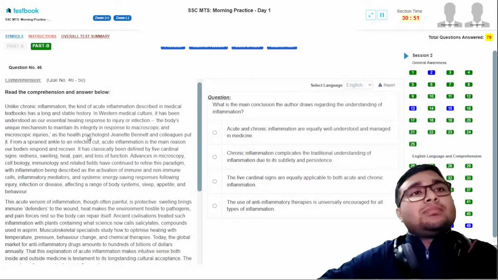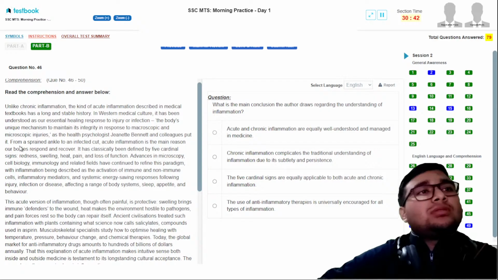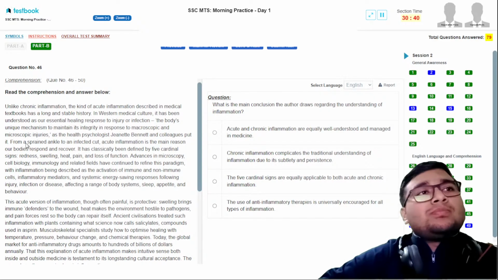As the health psychologist Janet Bennett and colleagues put it, from a sprained ankle to an infected gut, acute inflammation is the main reason our body responds and recovers.